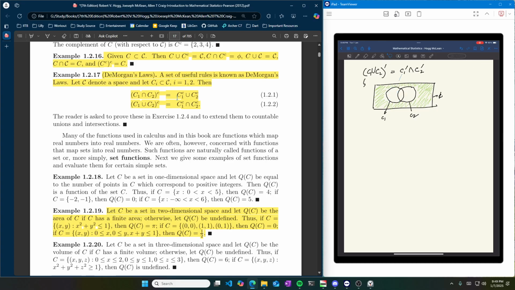C1 complement does not cover that part. C2 complement does not cover this part. So anything except for this, and obviously this, is what we have, correct? C1 union C2 complement. Yeah, that makes sense. So now let's just draw it in some other color. Yeah, it would be this blue, which is exactly the same.